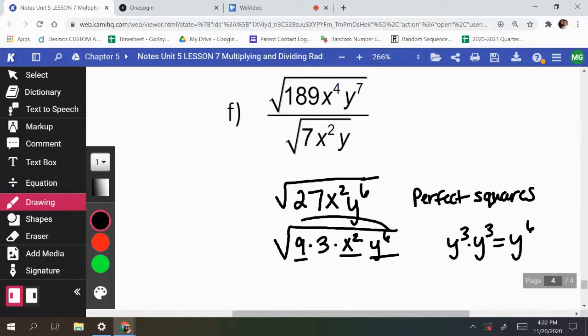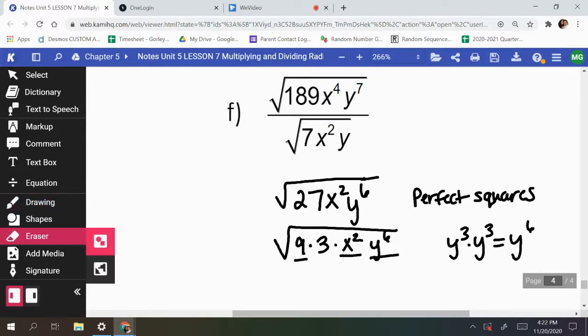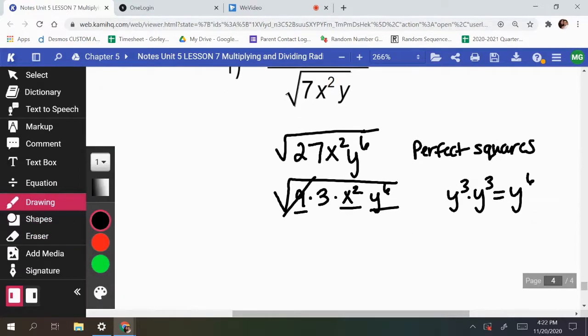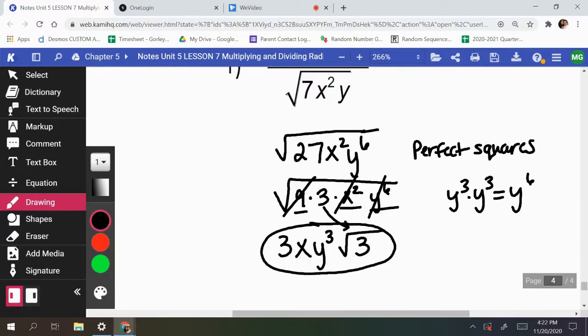Or you can think of it like 6 divided by 2 would be 3, y cubed, right? So let's reduce the parts that are perfect. The square root of 9 is 3, the square root of x squared is x, and the square root of y to the 6th is going to be y cubed. And then we've got this little lonely 3 left under the square root.